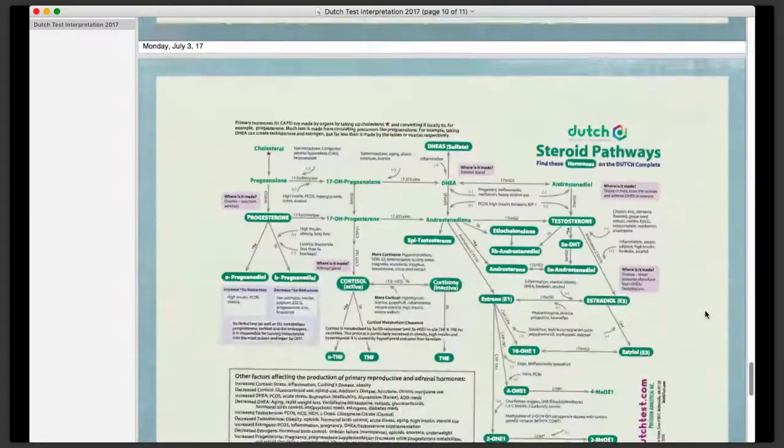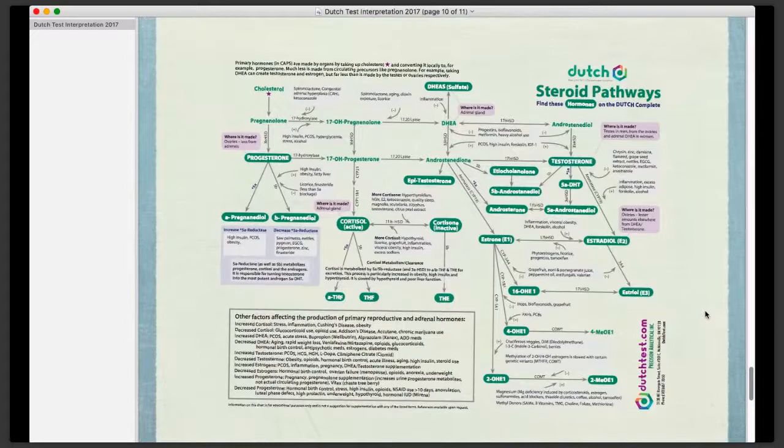The next page is similar to the first page, except that this is made by the Dutch people, the people who do the testing. You can see there's a lot of information here, and again it shows how everything's connected. What else it shows is how your body metabolizes things, the things that push the metabolism and how it works, like progesterone.